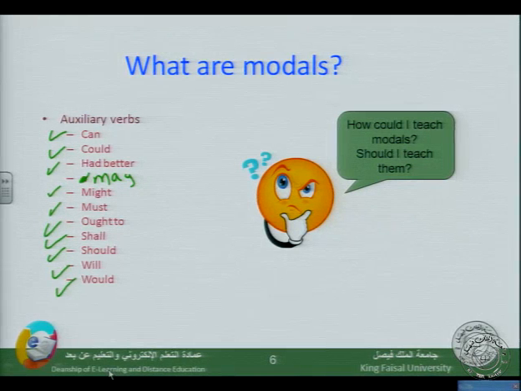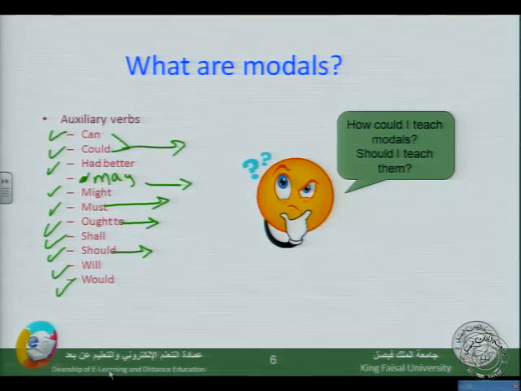For example, you can use can to talk about abilities. You may use may to talk about probabilities. You can use should to give advice. You can use ought to give advice and make suggestions. You can use must for obligations.